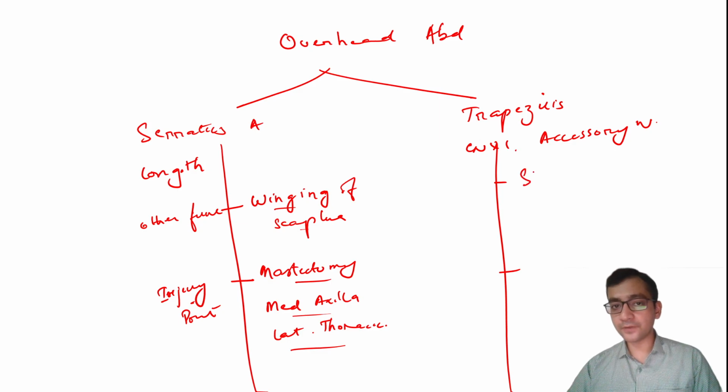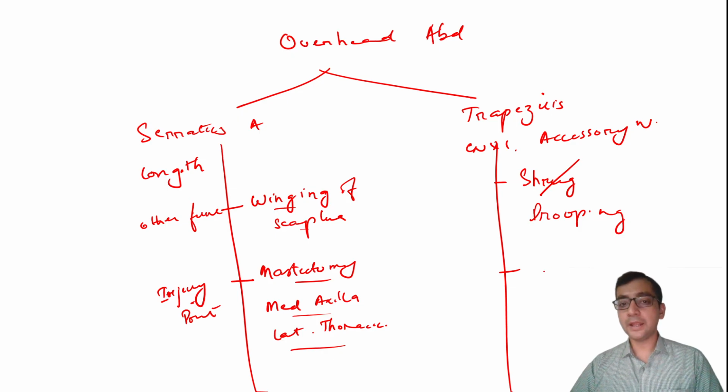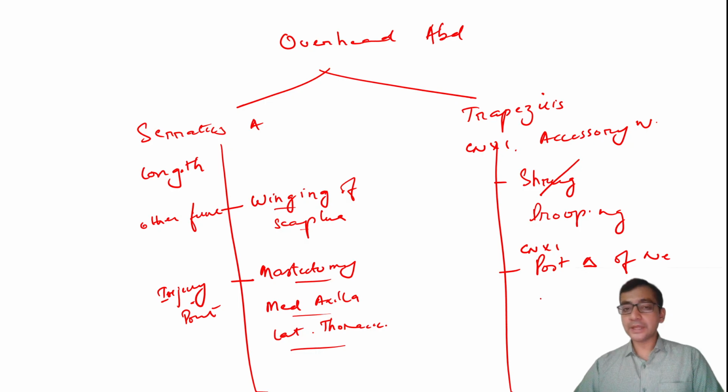So the person is unable to shrug, or there is drooping of the affected shoulder because the shoulder is not picked up, and the nerve runs through the posterior triangle of neck. So the injury is usually the dissection of lymph nodes or injury to the neck.